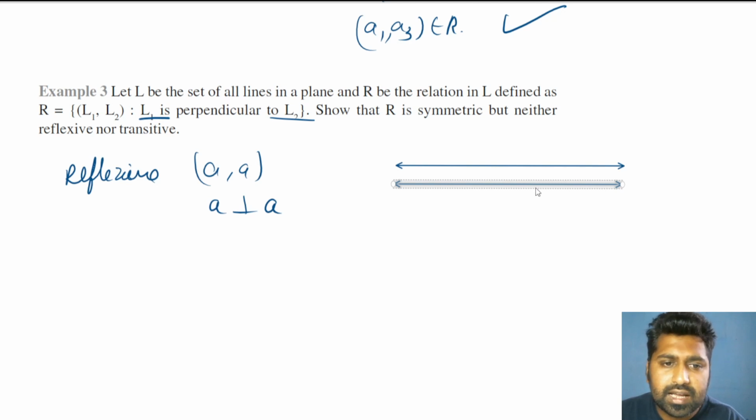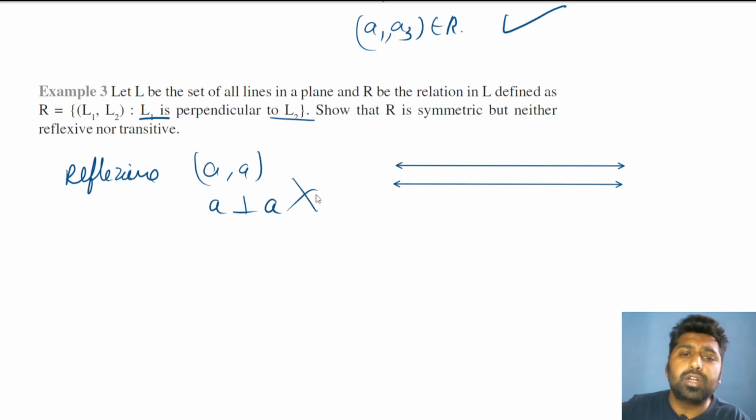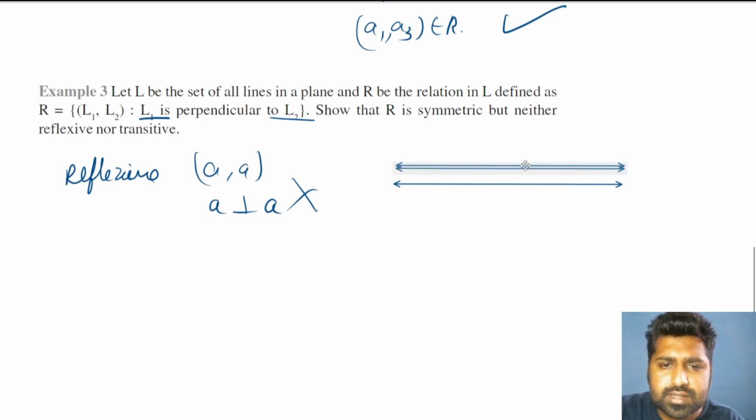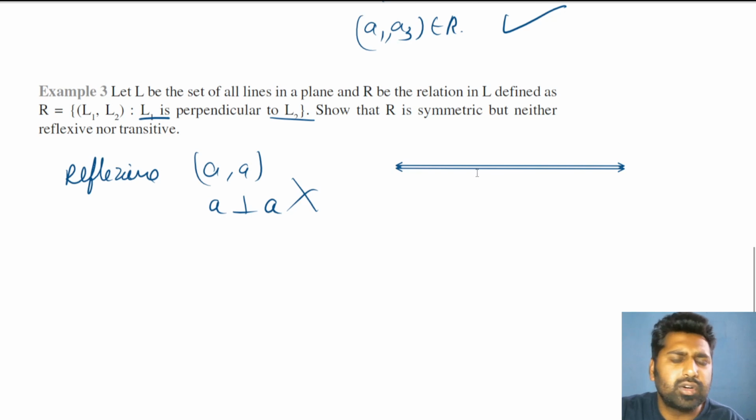It will never generate a perpendicular line. A line cannot be perpendicular to itself. A line can overlap with itself, or I can say a line is parallel to itself, but not perpendicular to itself. So (A, A) cannot have this relation.